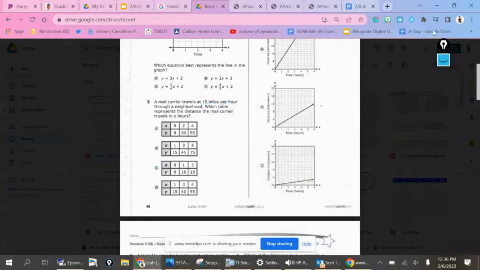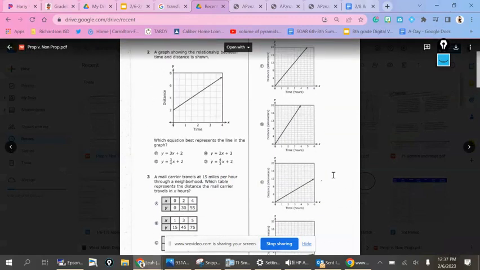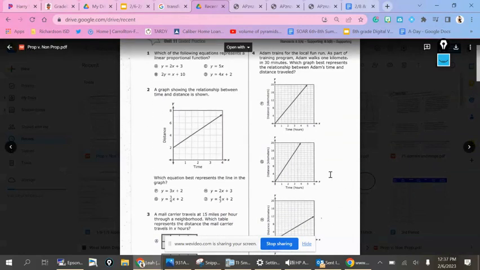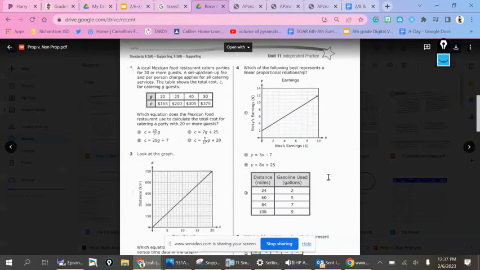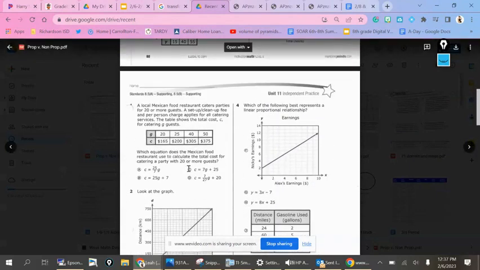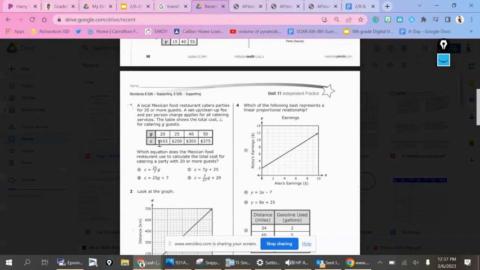Okay, close the eye, and then we're going to do the next one, which is 5, on this next page here. We're going to start with this one. A local Mexican food restaurant caters parties for 20 or more guests.